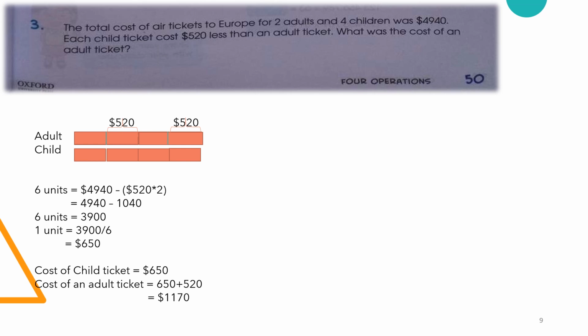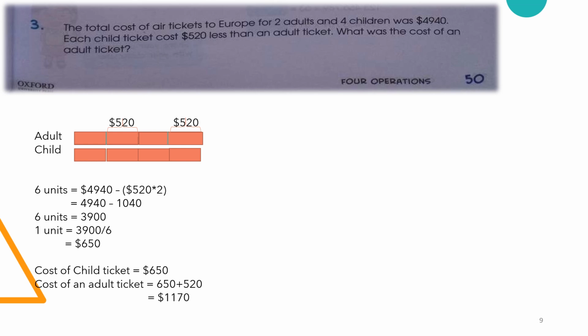So if we subtract 1040 from 4940, we have $3900, which is the cost of 6 units, or you can say that now these 6 units are all children. So in order to get the amount of 1 unit, we are going to divide 3900 by 6, and we easily find out that the cost of a child's ticket is $650.